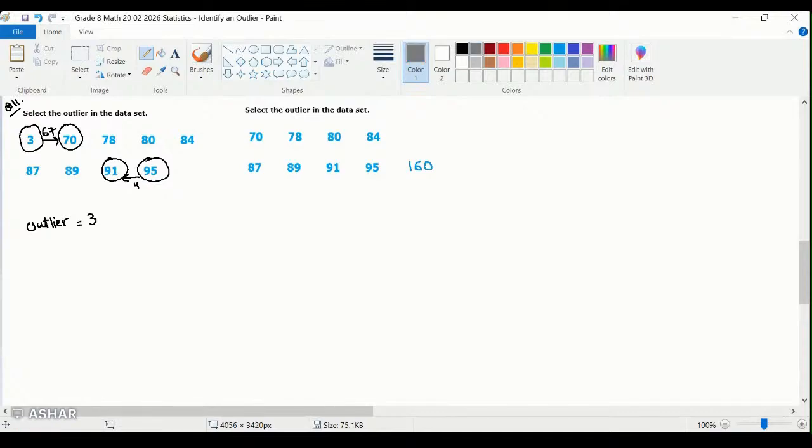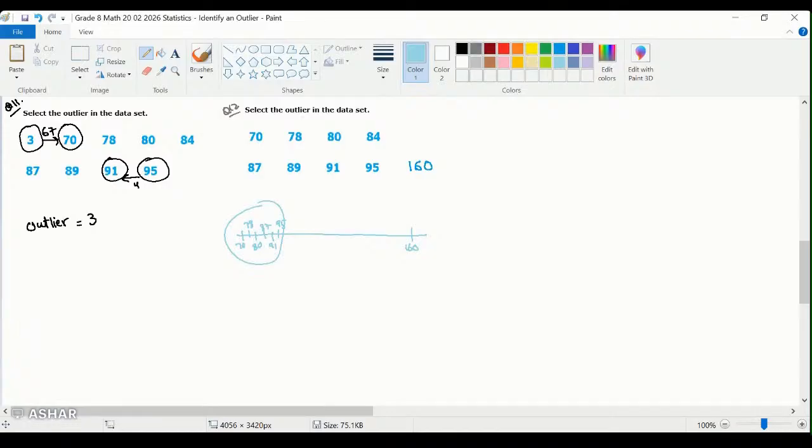In question number 12, if we change one number, on a number line 70, 78, 80, 87, 91, 95, these numbers were all very close to each other compared to 160, right?